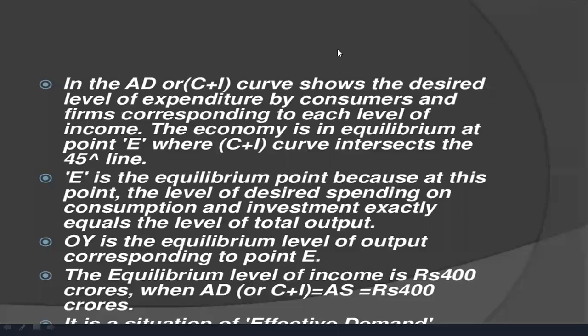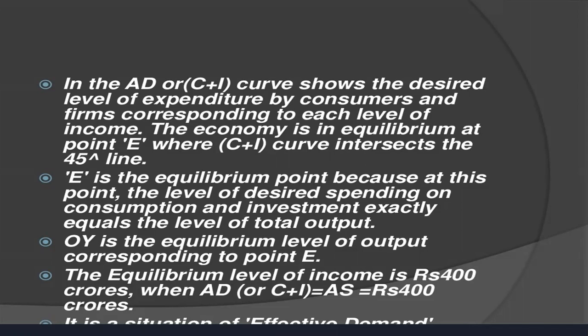First of all, before explaining the aggregate demand, aggregate supply approach, I will explain some of the assumptions. The determination of equilibrium output is studied in the context of a two sector model, household and firm.